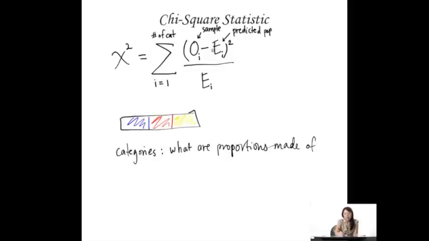Now, in the example that we saw with the voting for candidate A and B, one of the things I hoped you noticed was that the observed frequencies were given as just number of votes, how many people voted. But the expected frequencies, the hypothesized population, was given as a percentage. So you can't subtract votes from percentage.